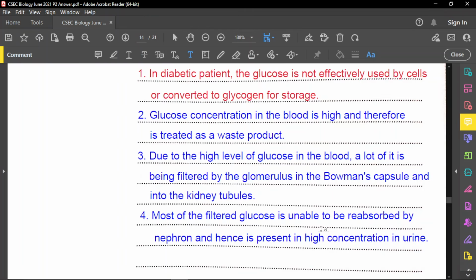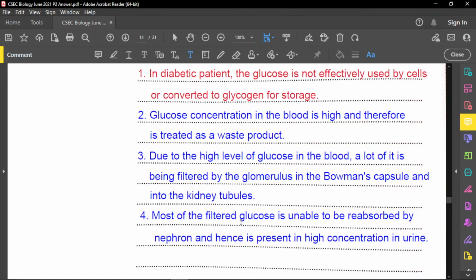Glucose is a fairly large molecule, and it is easily filtered through the glomerulus, but it does not generally go through other capillaries. It normally goes into cells, just to make that point.